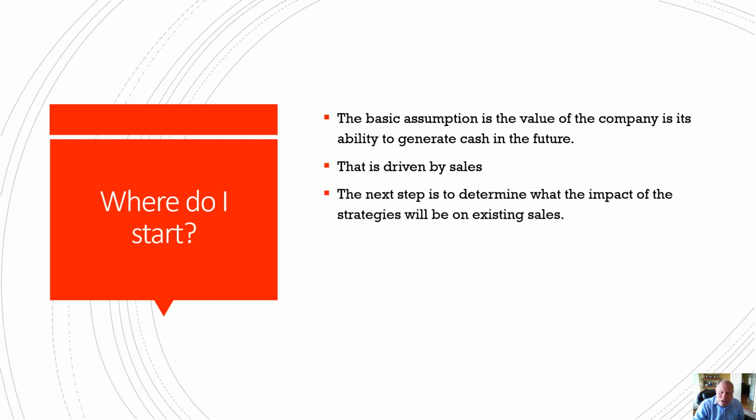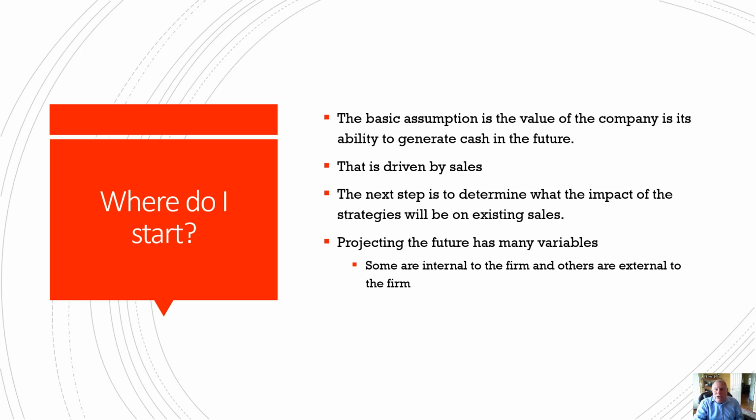The question becomes then how do you determine the impact of the strategies on existing sales. Projecting the future has many variables. Some are internal to the firm, the decisions the firm makes, and others are external to the firm.